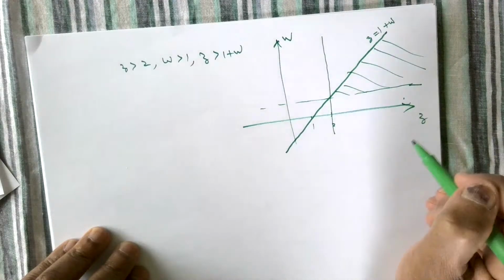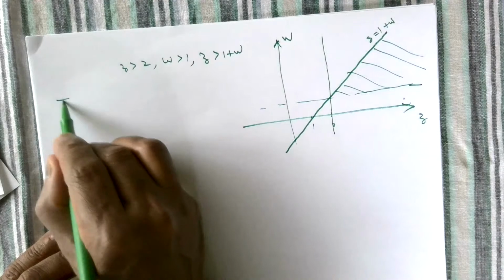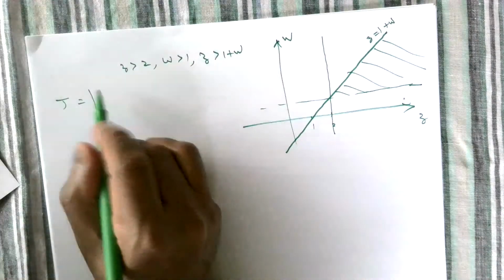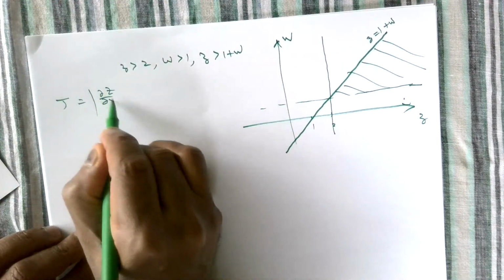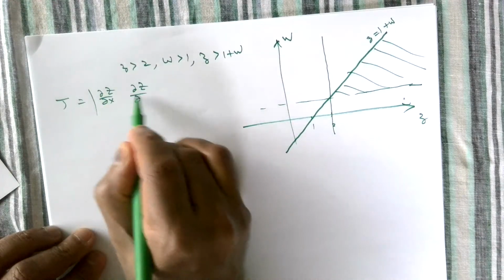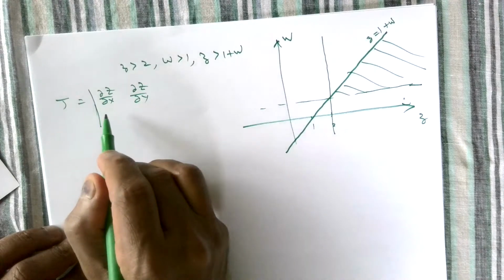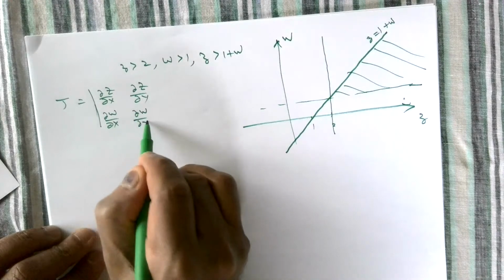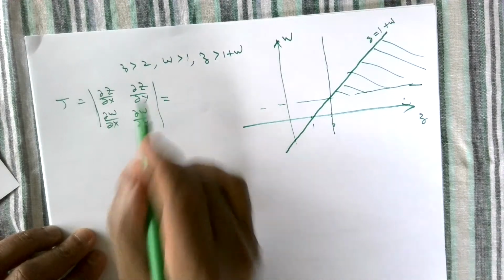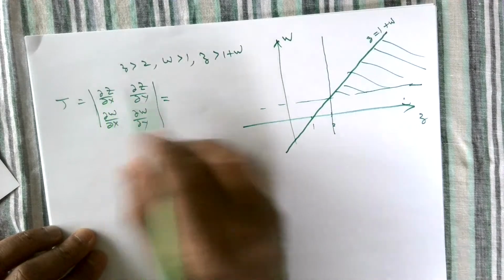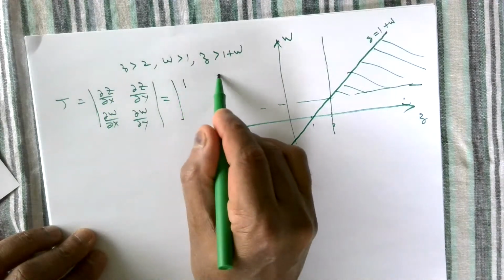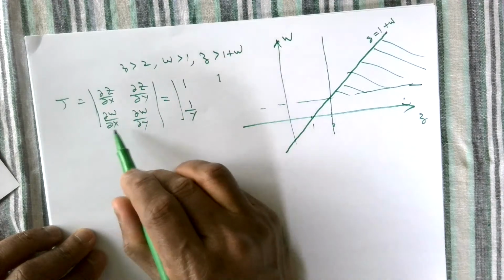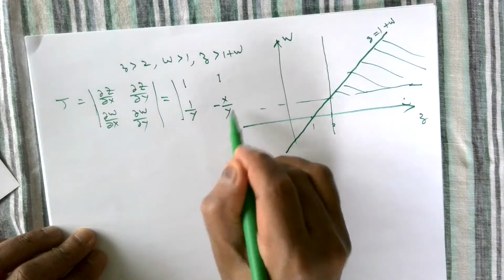So it's useful to identify that. Now let's find the Jacobian. So the Jacobian is dz by dx, dz by dy, and dw by dx, dw by dy. So that will turn out to be, remember, z is x plus y, so this is 1, 1. W is x over y, so this is 1 over y with respect to x, and the other one is minus x over y squared.